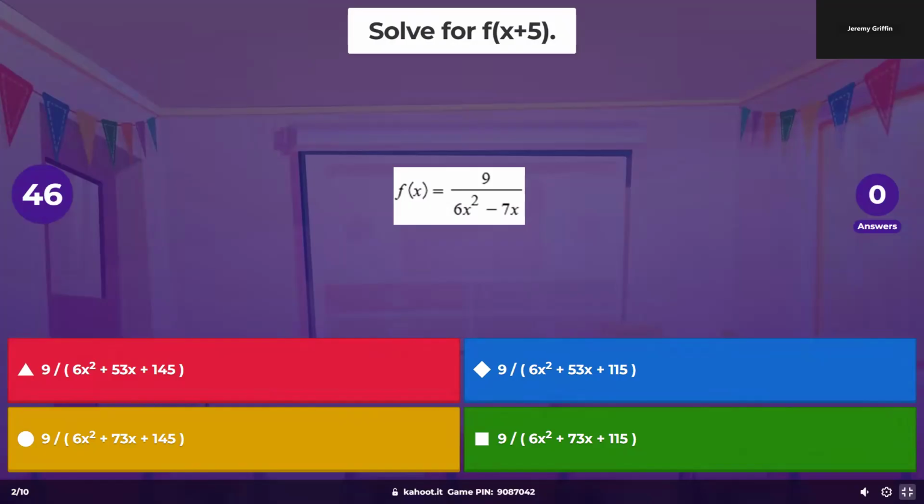No, this is definitely blue. I didn't know. I don't know what it is.